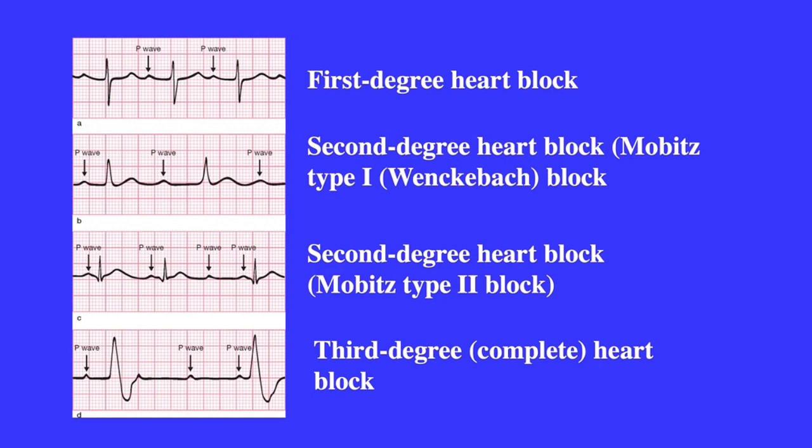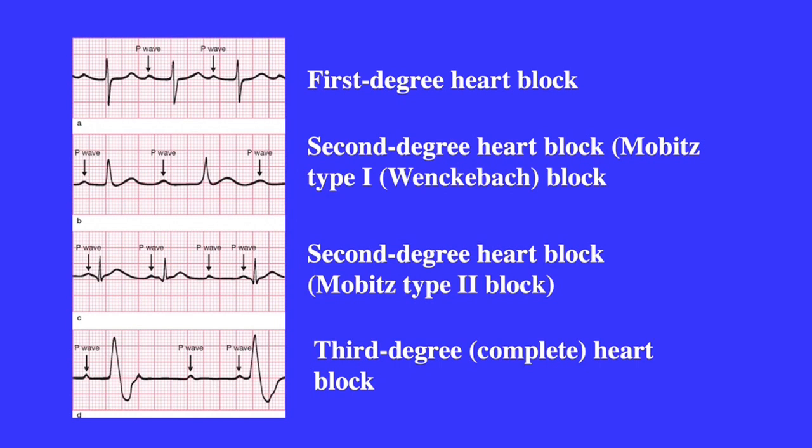This is another example of different heart blocks. First degree heart block, where the PR interval is prolonged, is in the top strip. The second degree heart block, or Wenckebach, where the PR interval prolongs till a QRS drops. Mobitz type 2, which is in the third strip, shows constant PR intervals, but there is more than one P wave between each QRS complex.